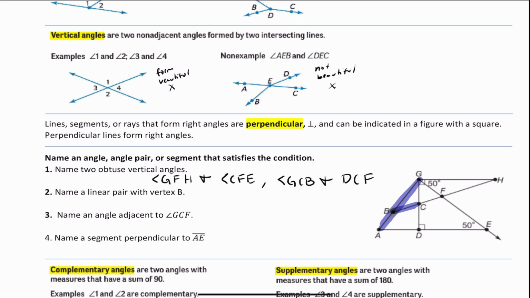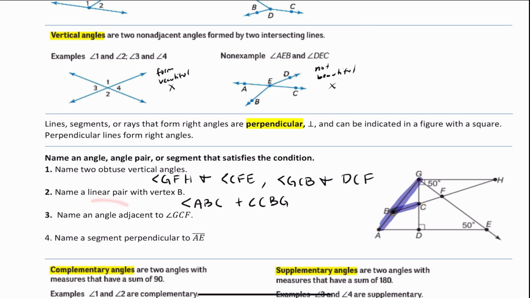So let's go ahead and say, well, this angle and this angle here, they form a linear pair. So angle ABC plus angle CBG. Okay. So once again, with linear pair, you have two angles. They share a common vertex, which they are at point B, and these things form a line.